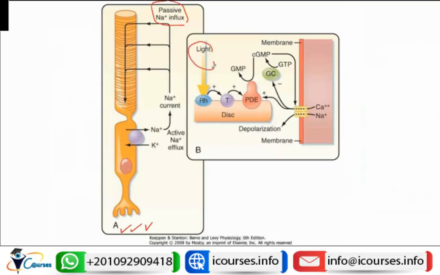But in case of light, the light will cause activation of rhodopsin that will activate the transducin, or protein G, that will activate the phosphodiesterase enzyme, that will cause destruction of the cyclic GMP, leading to closure of the sodium channels. In such condition, this will lead to hyperpolarization, and the hyperpolarization will cause the glutamate release to stop, leading to transmission of the visual impulse from the photoreceptor to the bipolar cells.